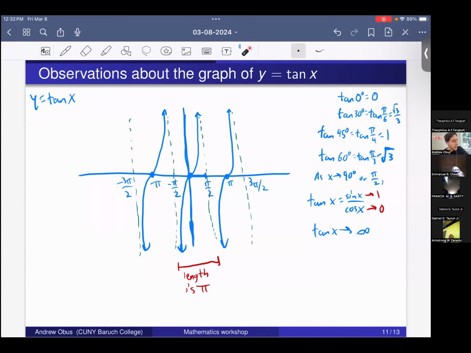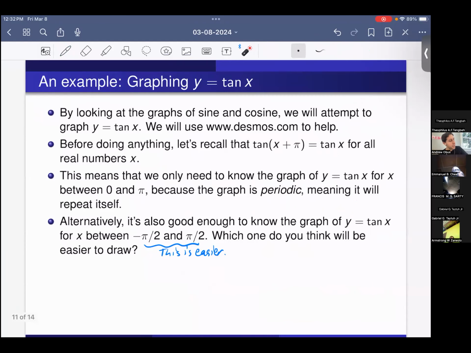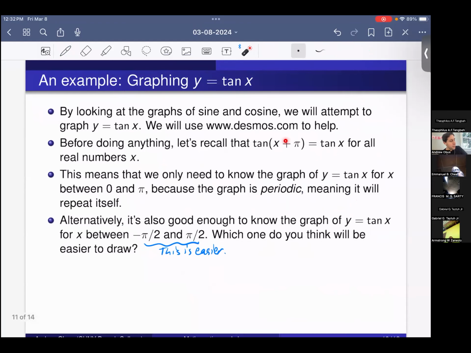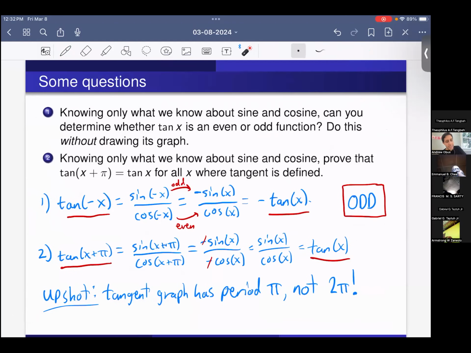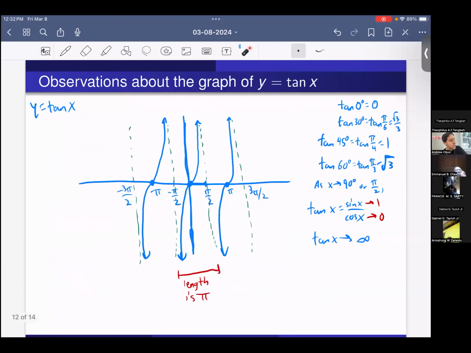But the moral is that because of this work that we did over here with tangent of x plus pi equals tangent of x, and this business about being an odd function, tan of minus x is equal to minus tan of x, that sufficed to get just one small section of the graph of tangent, that part between 0 and 90 degrees, which is the part we already know just from right triangle trigonometry.